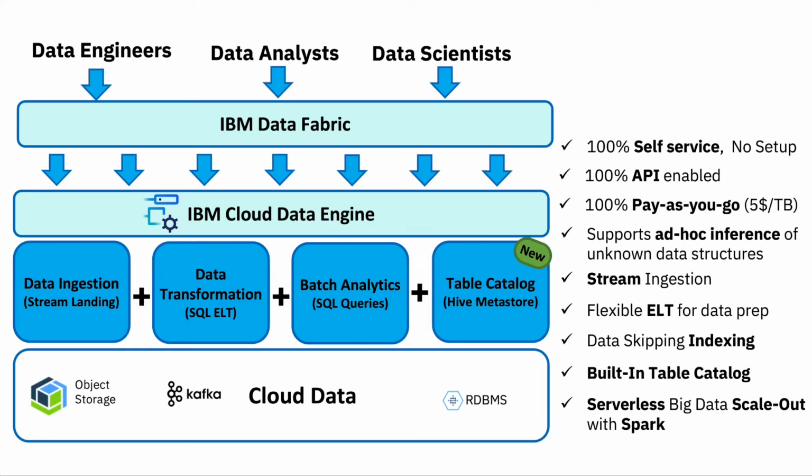Next, I would like to show you how you can use this Hive Metastore feature, not just in combination with the built-in processing capabilities, as we've just seen, but with your own processing engines and environments, using the metadata stored in Data Engine as a catalog service for your own big data runtimes. For this demo, I will pick the Data Fabric, which is the IBM portfolio for our data and analytics services.